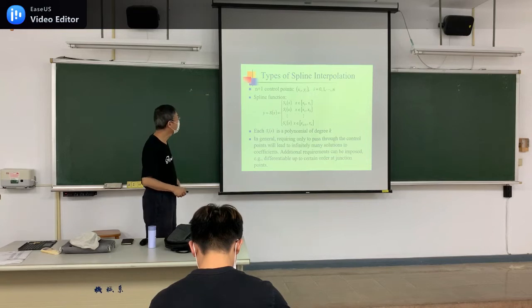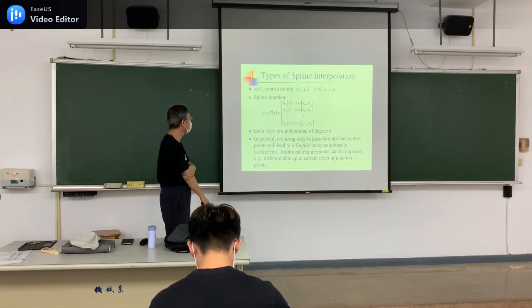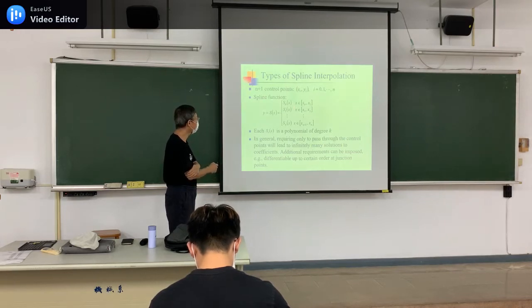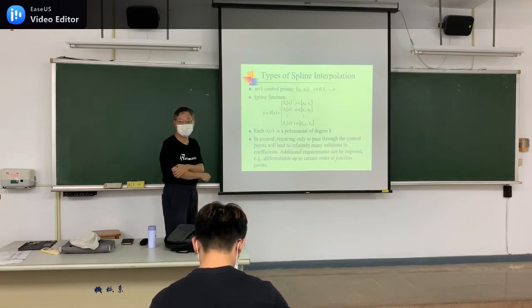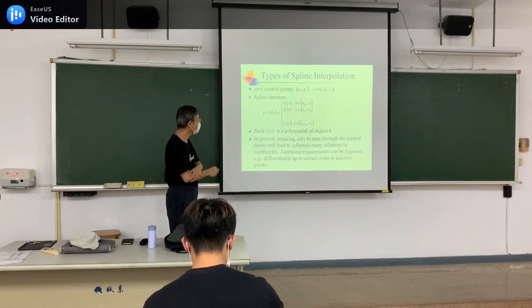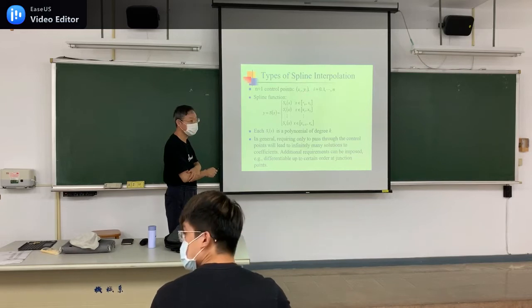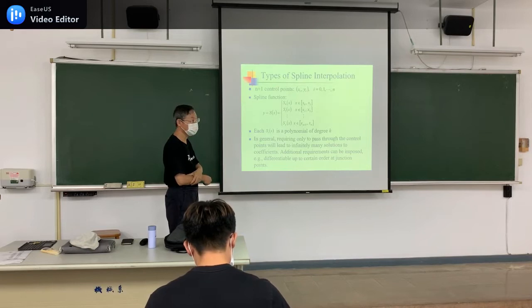Okay. Let us talk about the types of spline integration. Several types. In general, for the spline, we have the so-called control points. We need to define the control points first. And here, suppose we have n+1 control points. That means the control points are from 0 to n. So S0, Y0 is the starting point, and Sn, Yn is the ending point.